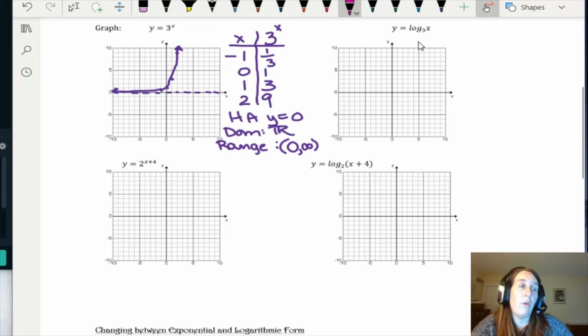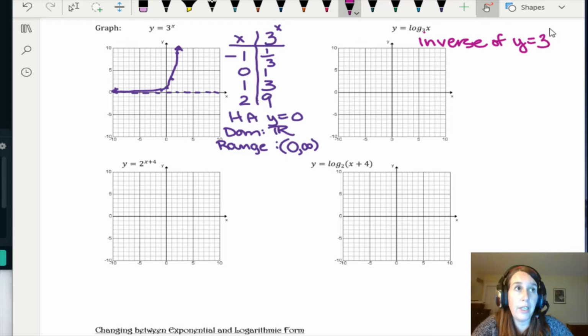If we are going to graph log base 3 of x, I think the easiest way to remember how to graph log graphs is to base it on the exponential graph. So this is the inverse of y equals 3 to the x, right? If it's the inverse, that just means that all the points in this table are flipped, with the x's and the y's switched. So let's make a new table.